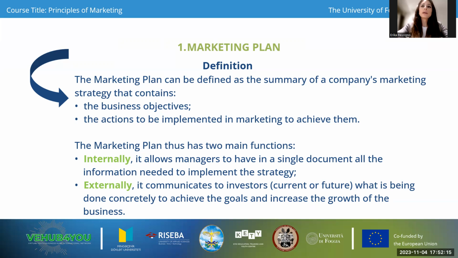Internally, it allows managers to have in a single document all the information needed to implement the strategy. And externally, it's a useful tool to communicate with investors, current or future, what is being done concretely to achieve the goals and increase the growth of the business.